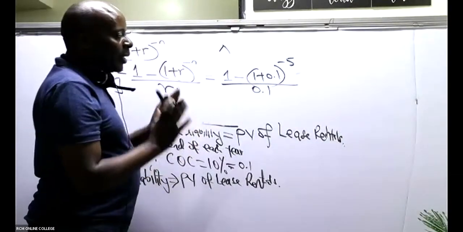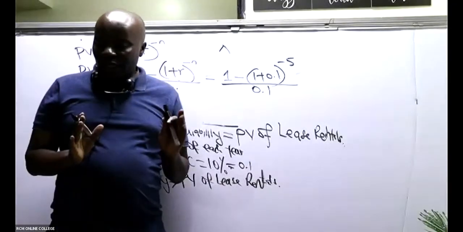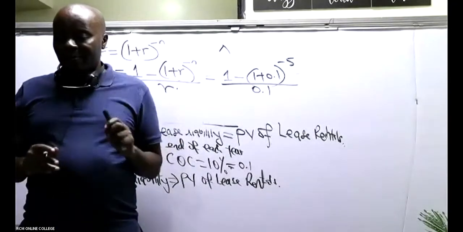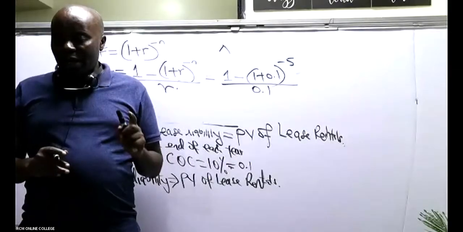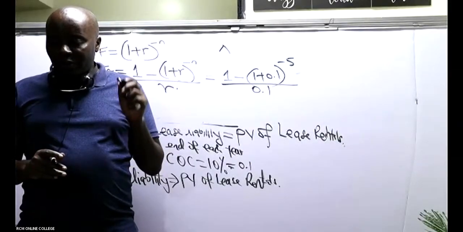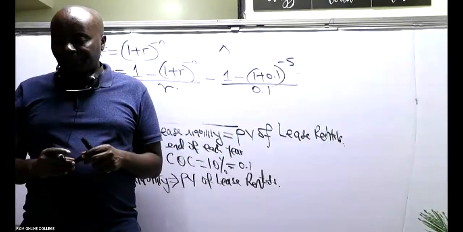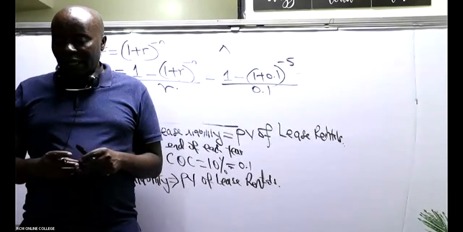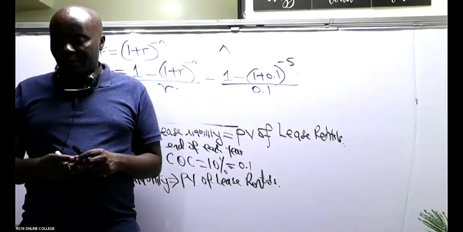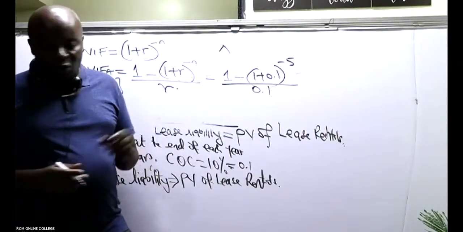Before anything, you must say equals. And then at the end, you say divided by 0.1. We have Mombi, who gives me 3.7908. Mother has confirmed the same.